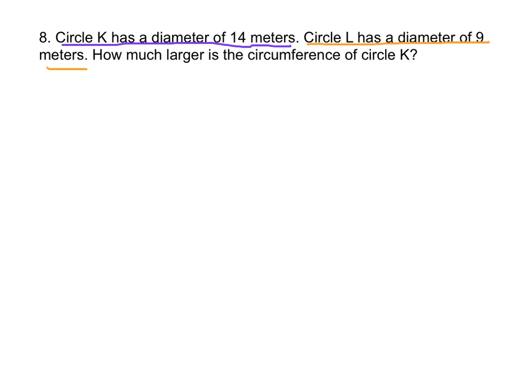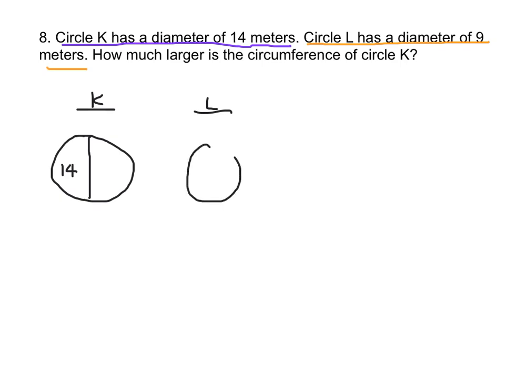The question is asking for how much larger is the circumference of circle K. So first things first, I'm going to draw a picture to represent this problem. So circle K has a diameter of 14. Diameter is a line that goes all the way through the circle and through the center. Circle L looks to be smaller and only has a diameter of 9. I want to know how much larger the circumference of circle K is.